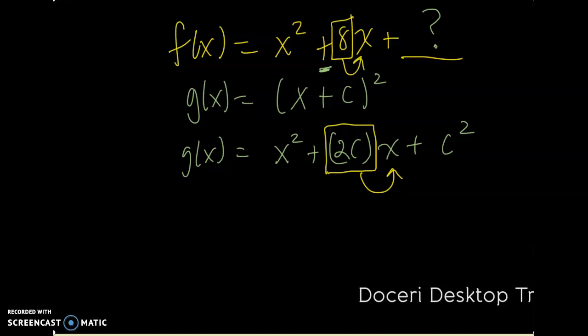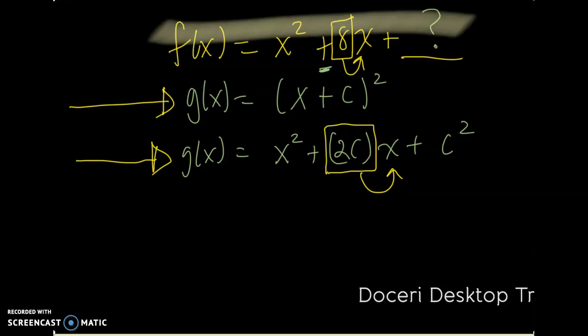So remember, if it's going to factor into this guy, then it's going to look like this, which we partially have up here. We kind of have that already up there. All we got to do is set up the equations. What equations? The coefficients. So notice, if it's going to look like this, then it must look like this.